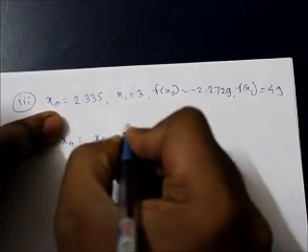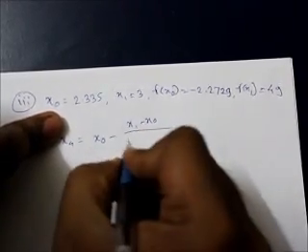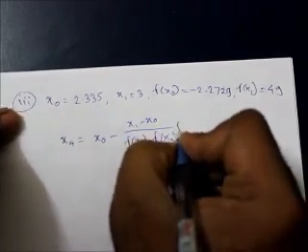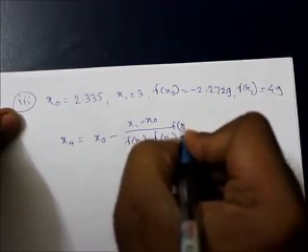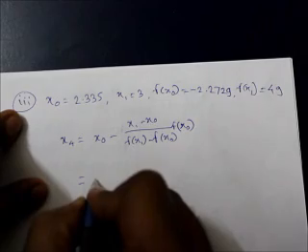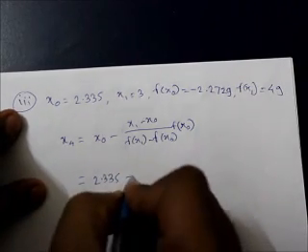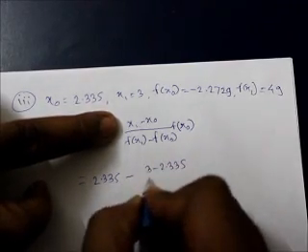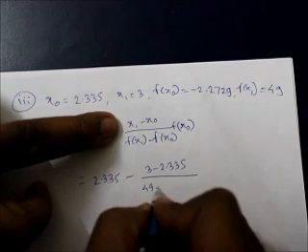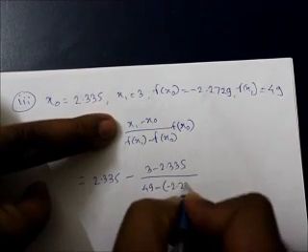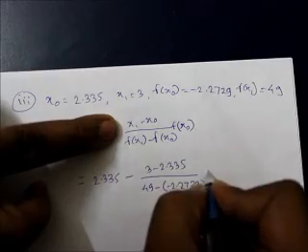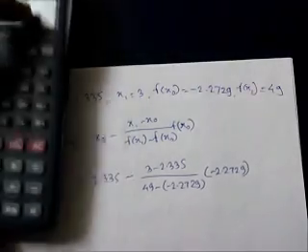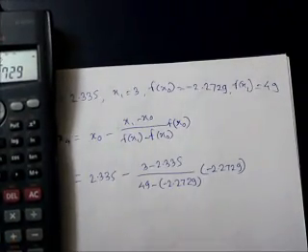Again, x0 minus (x1 minus x0) upon (f(x1) minus f(x0)) into f(x0). So which is 2.335 minus (3 minus 2.335) divided by (49 minus 2.2729) multiplied by minus 2.2729.